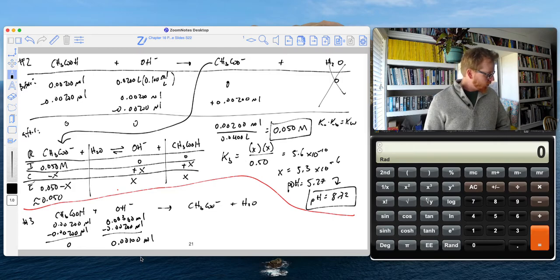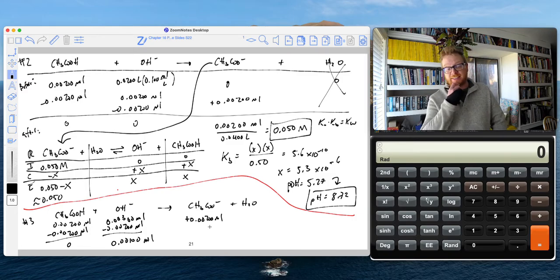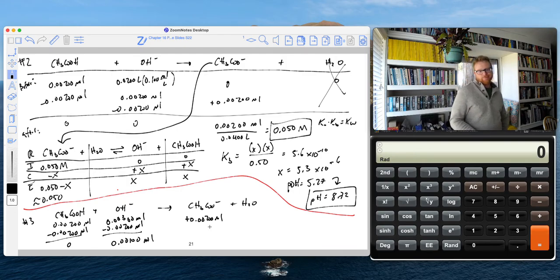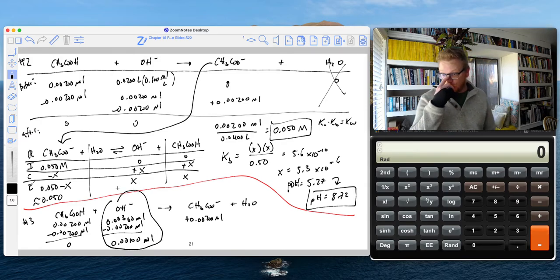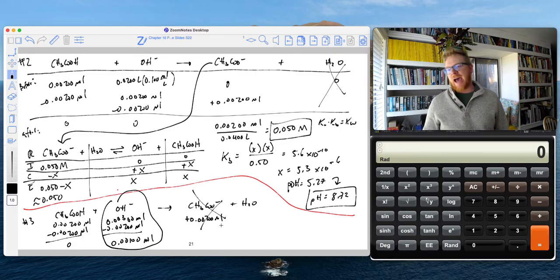And we also recognize that I'm going to have some acetate that's created as well, right? So this creates about 0.02 moles of acetate. However, because I have leftover hydroxide in this post-equivalence point calculation, none of this matters. That leftover hydroxide is going to dominate the pH relative to whatever acetate I have left over, okay?